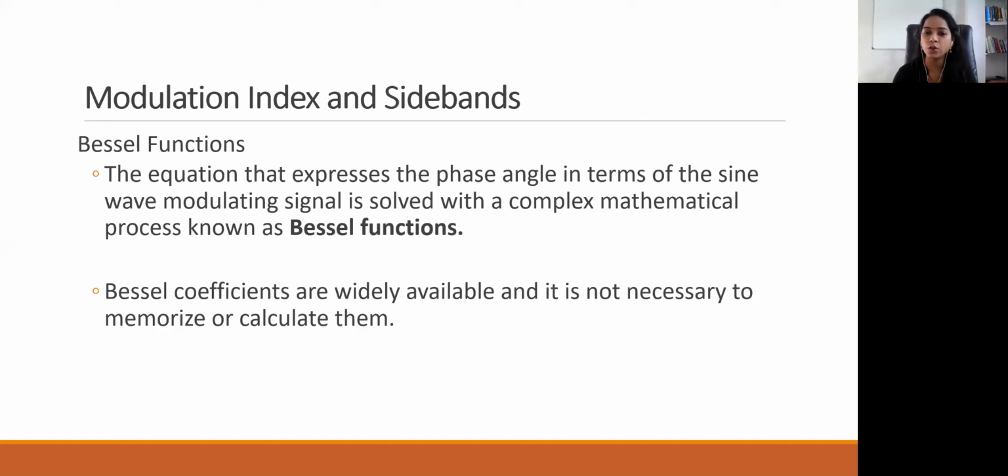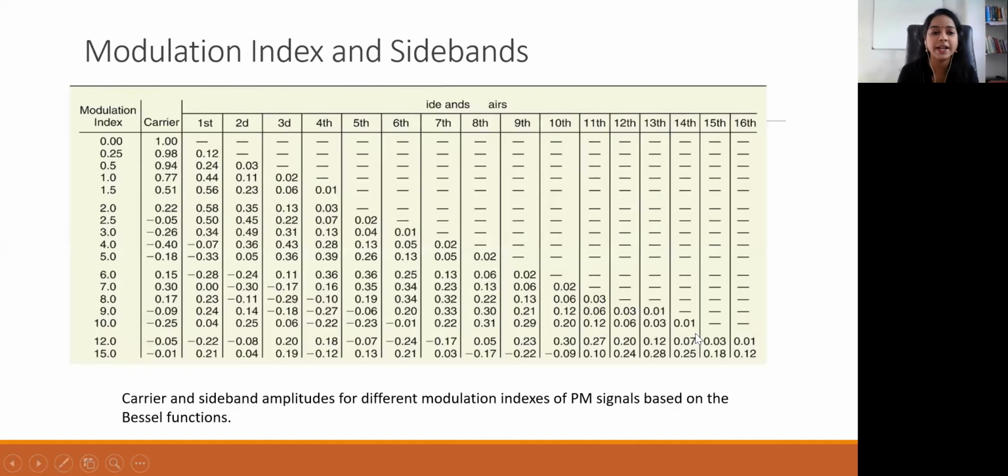Likewise, in phase modulation also, we will have larger bandwidths. Why? Because with each incoming amplitude change, the phase of the carrier is also changing. With the help of these basis functions, which I explained in the last lecture, we calculate the sidebands.